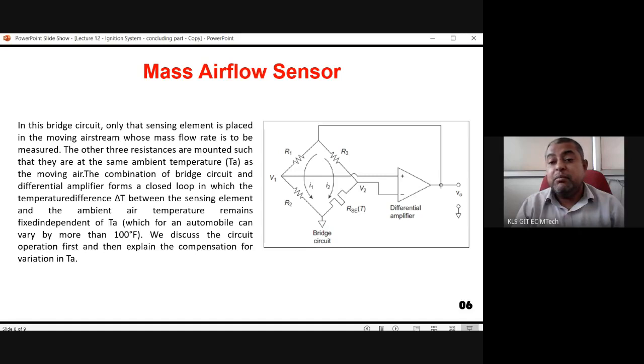The more the airflow rate, the more air flows through RAC-T, and the more the variation in the RAC-T resistance, and the more the variation in V output. That variation in V output, delta V output, will be picked up as the rate of mass flow inside the engine. There is a graph.